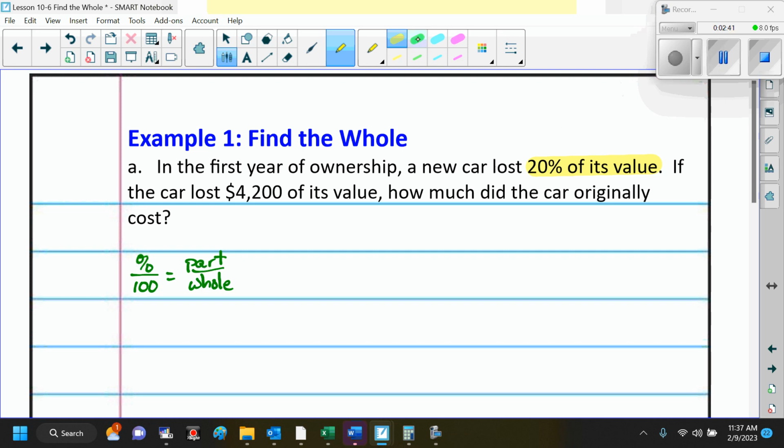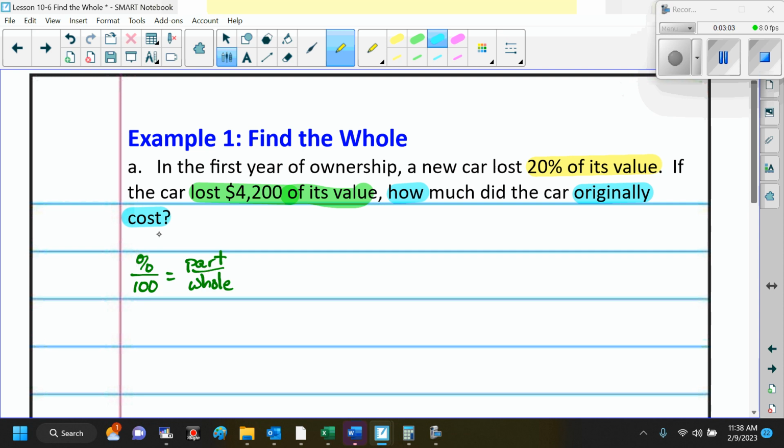The car lost $4,200 of its value. And what are we solving for? What are we looking for? The original cost of the car.